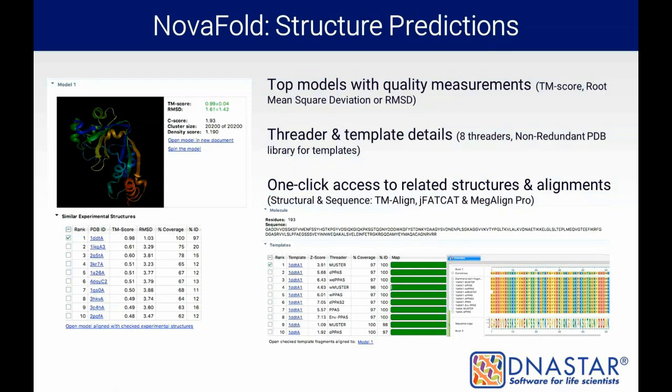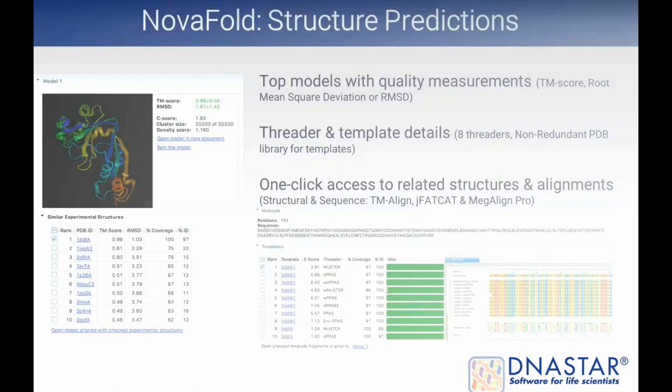Additionally, part of the process of a NovaFold prediction is that we collect similar experimental structures related to your model. So when you are trying to predict protein function, we will take your model and we'll do a reverse structural alignment search throughout the Protein Data Bank. And that list of structures in the lower left-hand corner are real structural alignments between your model and known experimental structures.